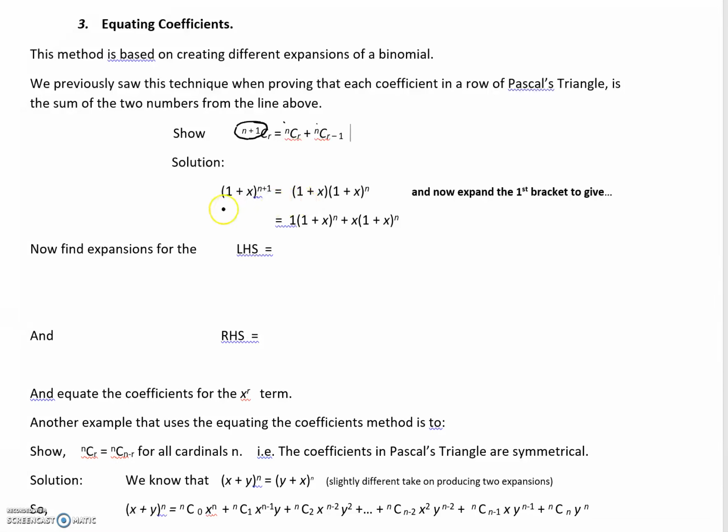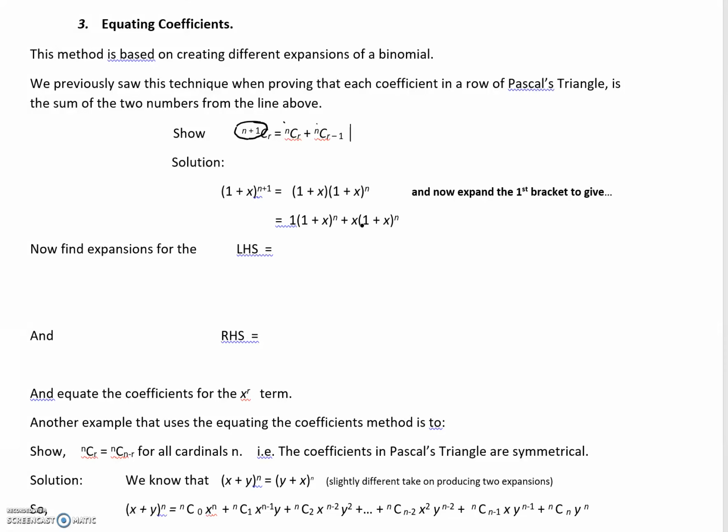But for now, 1 plus x to the n plus 1 can be split up into 1 plus x times 1 plus x to the n. Expanding that out gives us two binomials to have a look at.